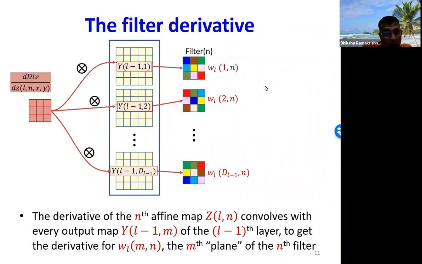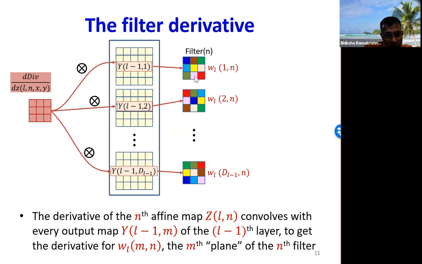Step two, we also saw how to compute the derivatives with respect to the filter parameters themselves. Again, the filters were of this kind. The nth filter generates the nth affine map, and the nth filter in turn is going to have several planes, one plane per input activation map from the previous layer.